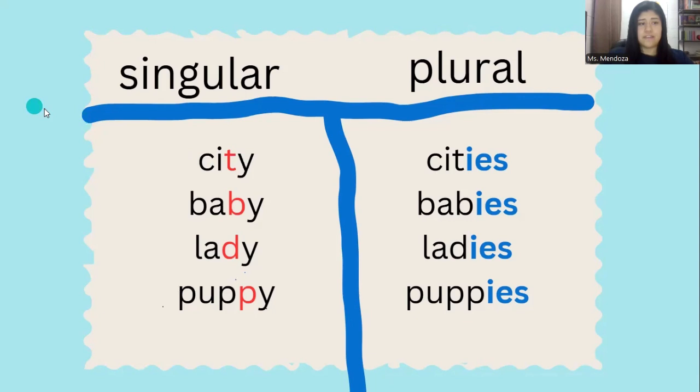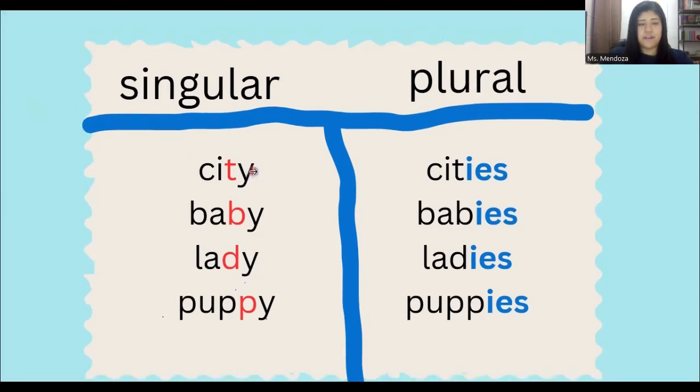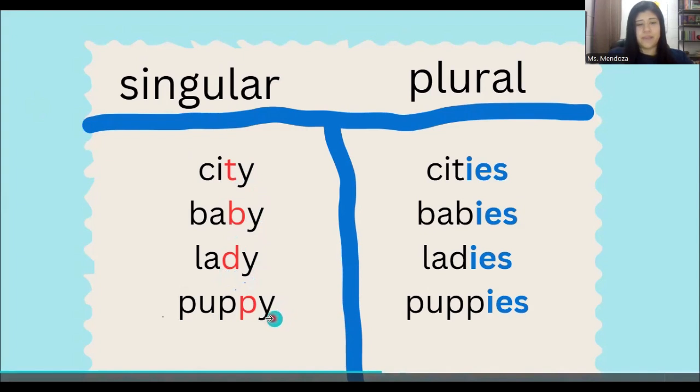As you can see, city ends with the Y. However, the Y is after the consonant, T. Baby also ends with the Y, and it's after a consonant, B. Lady ends with the Y, and it's after a consonant, D. Puppy ends with the Y, and it's after a consonant, P.